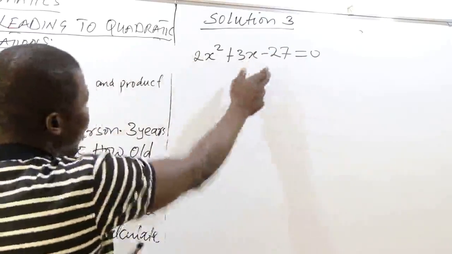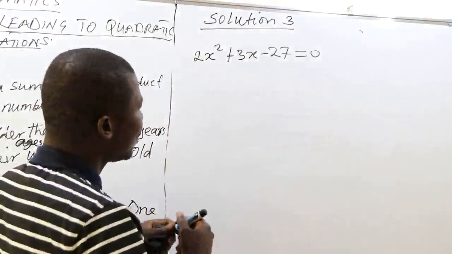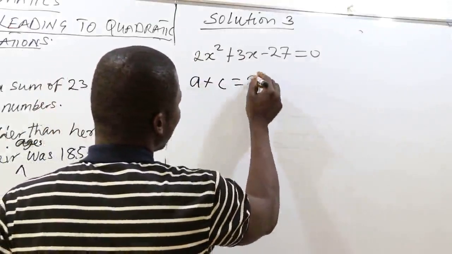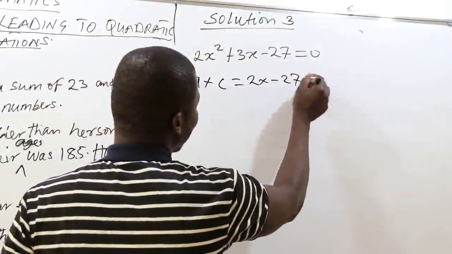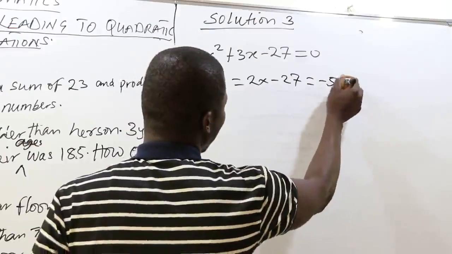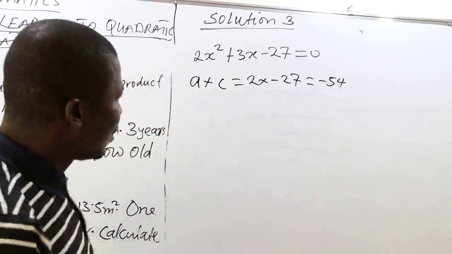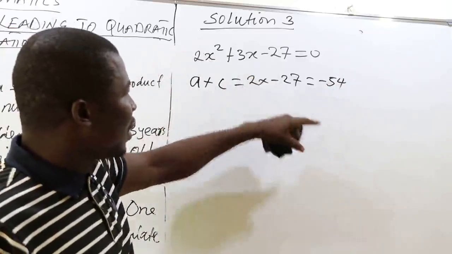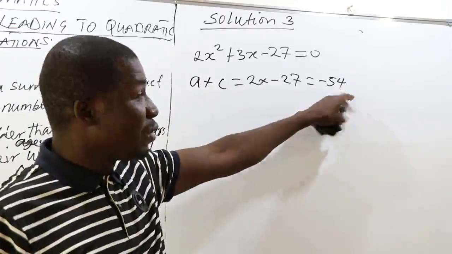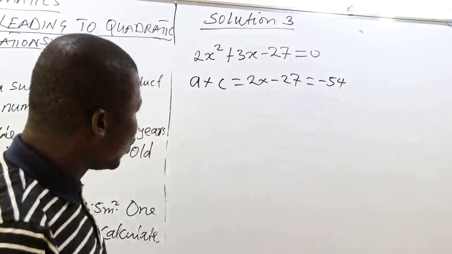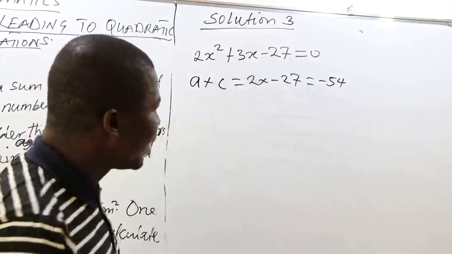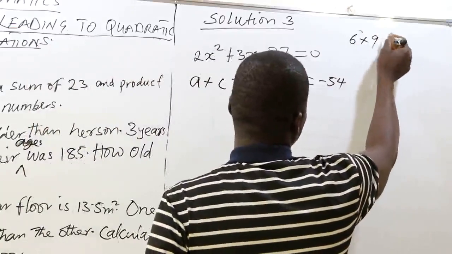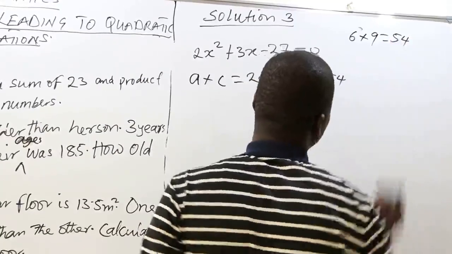So we'll use this one, a times c, which is 2 times minus 27, which is equal to minus 54. Now, instead of minus 27 here, we are going to use the minus 54 to find the numbers that will satisfy this problem. 6 times 9 is equal to 54.